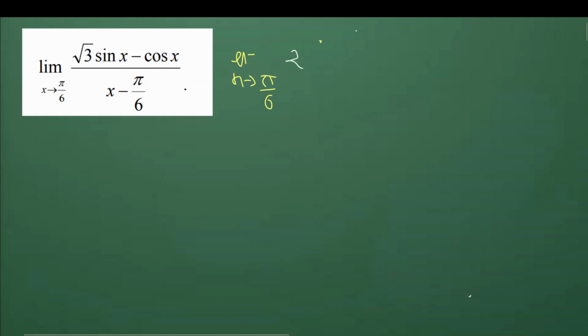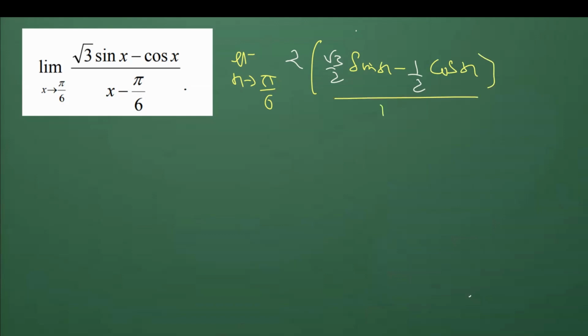So this is root 3 divided by 2, and then it is sine x minus, again, 1 divided by 2 and then cos x, and this whole divided by x minus pi over 6.